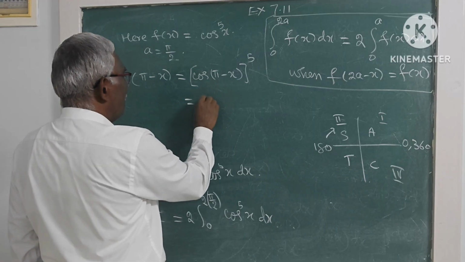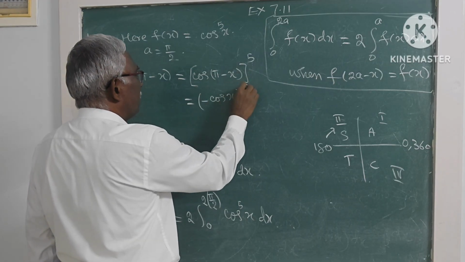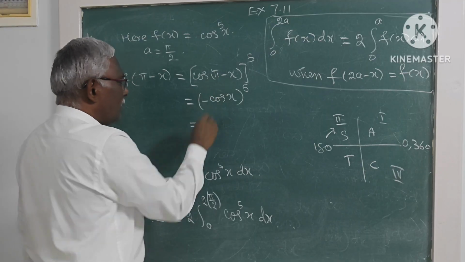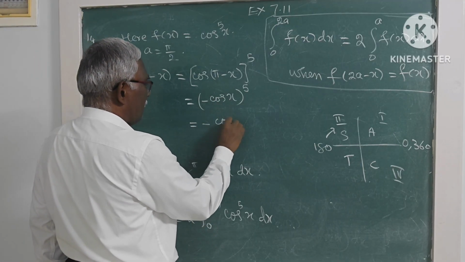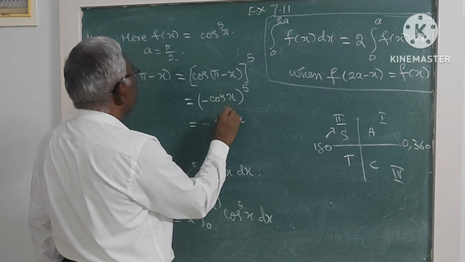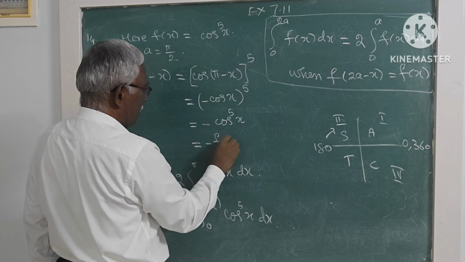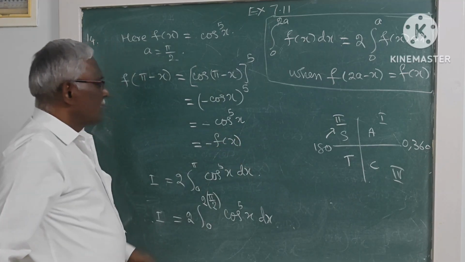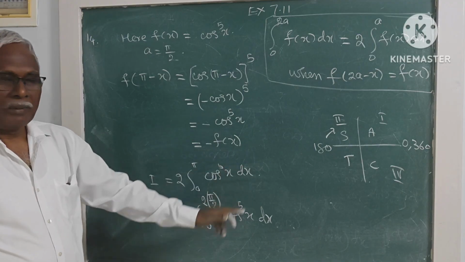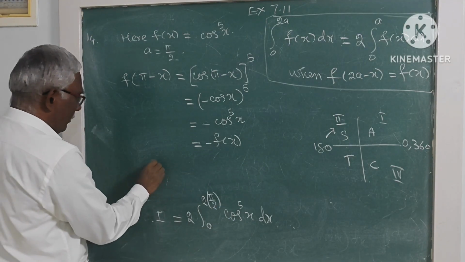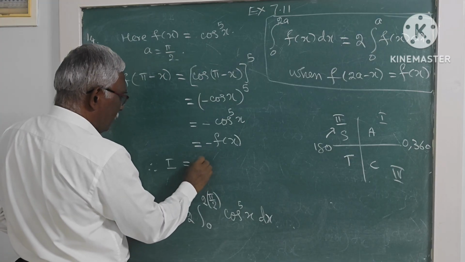Therefore this will have minus cos x power 5. So minus 1 power 5 is minus cos x power 5. So this is nothing but minus f of x. F of pi minus x is minus f of x is coming. Therefore I is equal to 0.